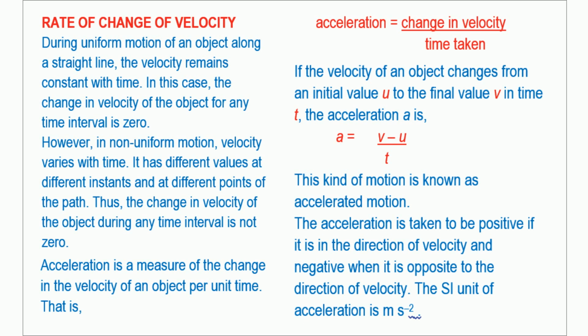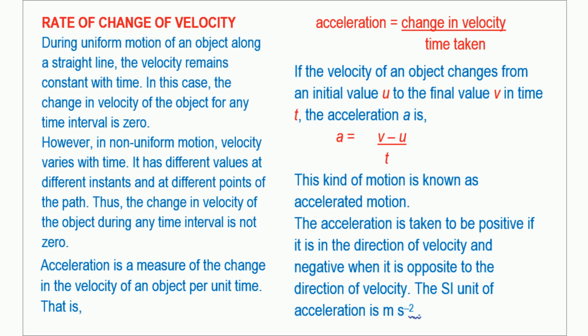So what is acceleration? Acceleration is the rate of change of velocity. Why are we increasing the accelerator? The velocity will change, so what you are doing is accelerating. So acceleration is, look, the rate of change of velocity.